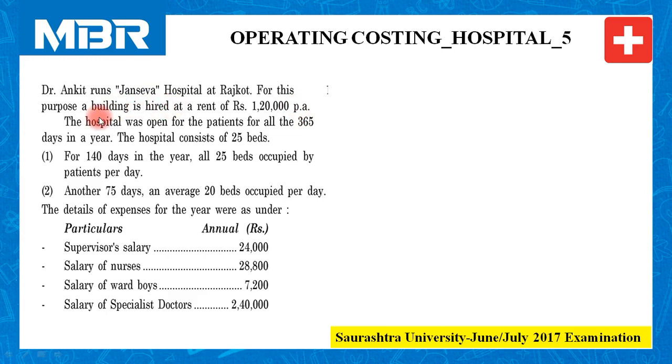For the purpose of running this hospital, he has hired a building at the rent of rupees 1,20,000 per annum. The hospital was open for the patients for all 365 days in a year. The hospital consists of 25 beds.